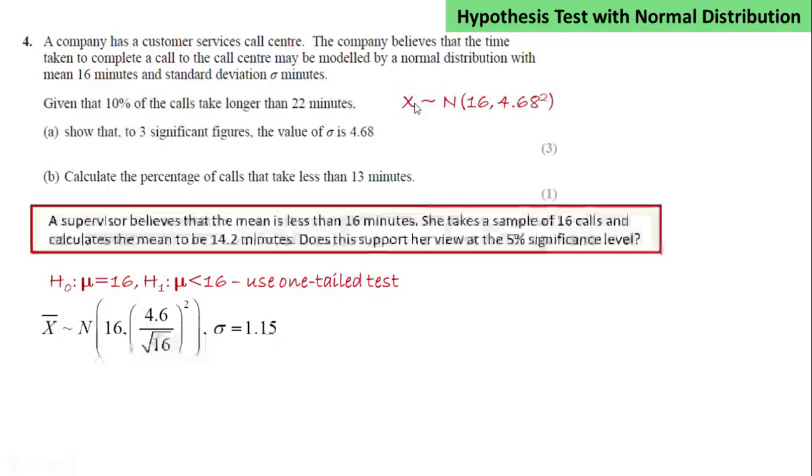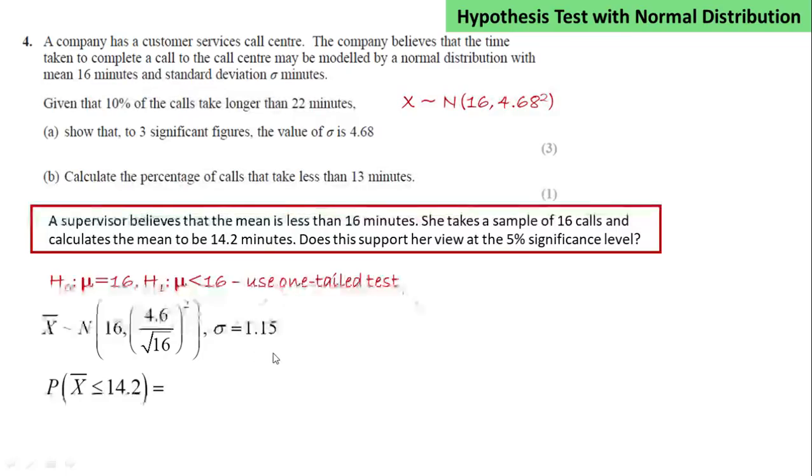Now, the distribution of the mean of a sample of 16 taken from this distribution will have the same mean of 16, but the standard deviation will be 4.68 divided by the square root of the sample size. You'll see that in the formula booklet. So in this instance, the standard deviation is going to be 1.15.